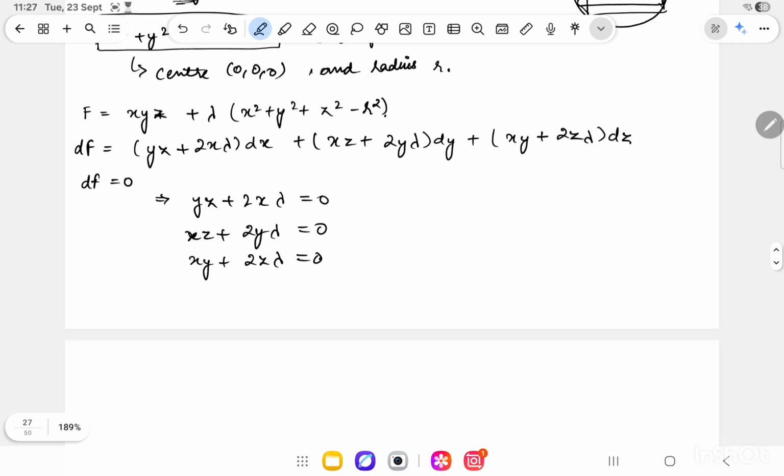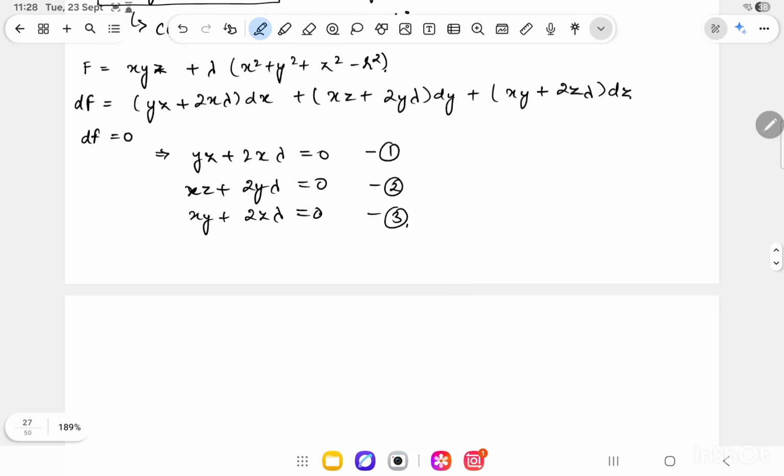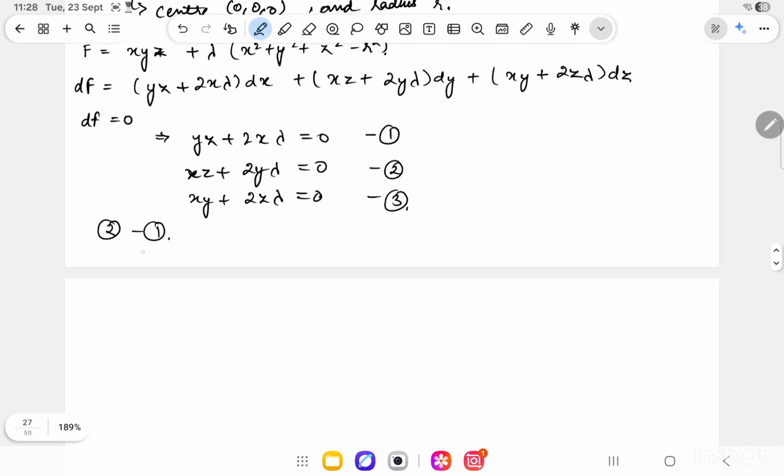Now we are supposed to solve these equations to derive some information. Let's name these equations 1, 2 and 3. Now I can subtract equation 1 from equation 2. So let's see what we get. We get xz minus yz plus 2 lambda into y minus x equals 0.